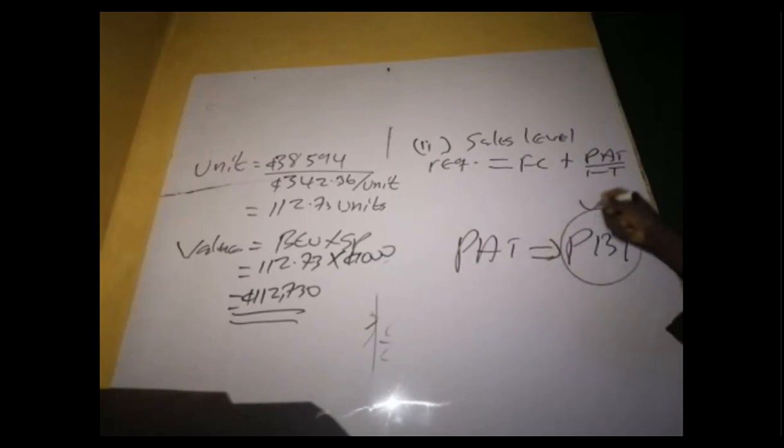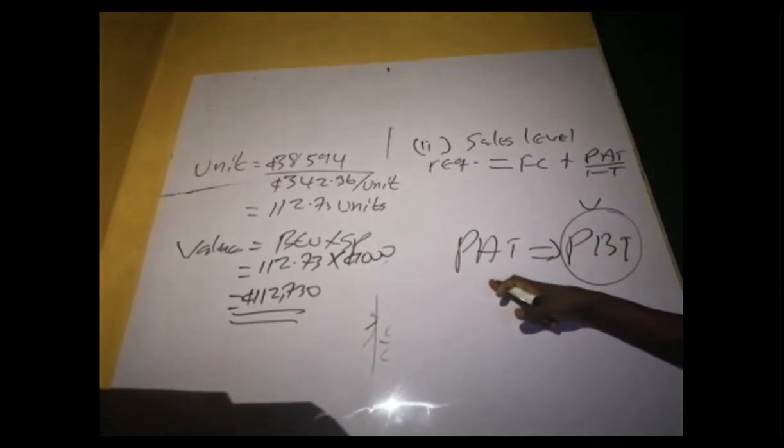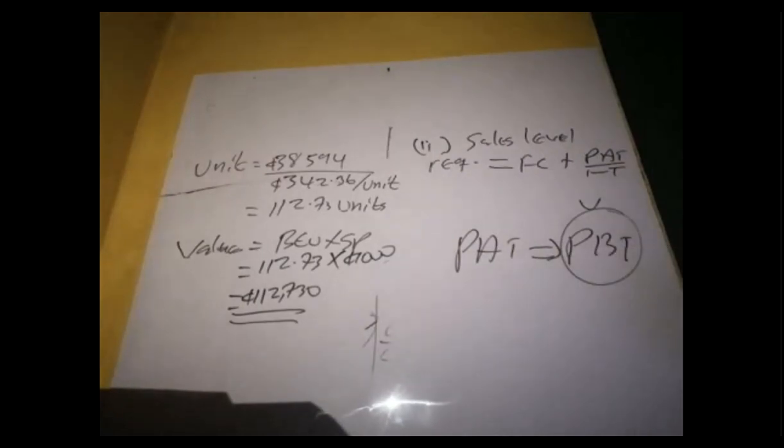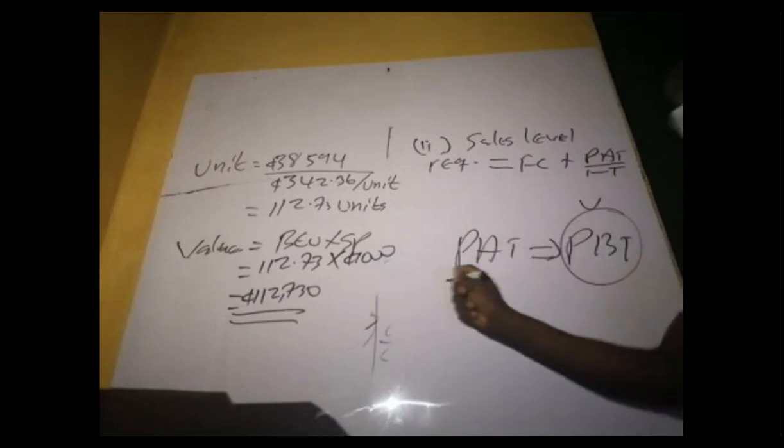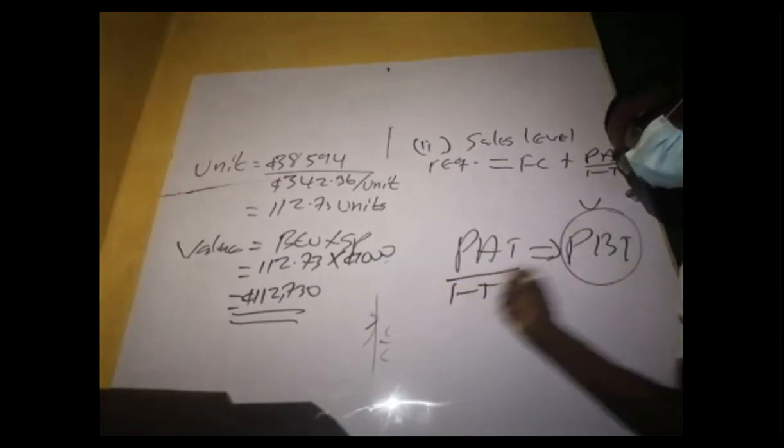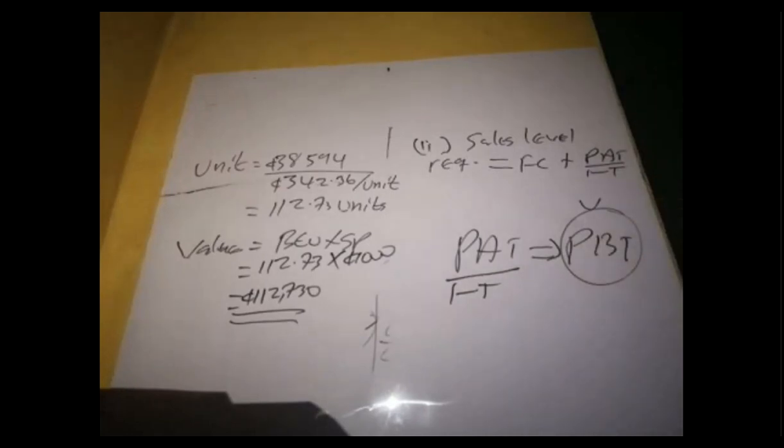We like profit before tax, not profit after tax. So anytime the examiner gives me profit after tax, I have to convert it to profit before tax. How do I do that? If the tax has been expressed as a percentage, then pick this one, divide by 1 minus the tax rate. That is all, you are done.